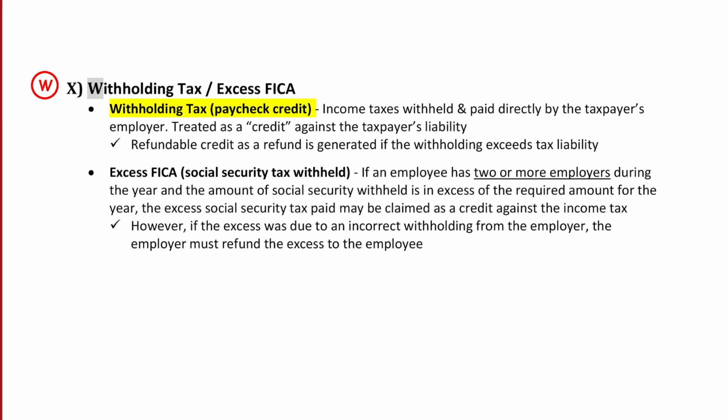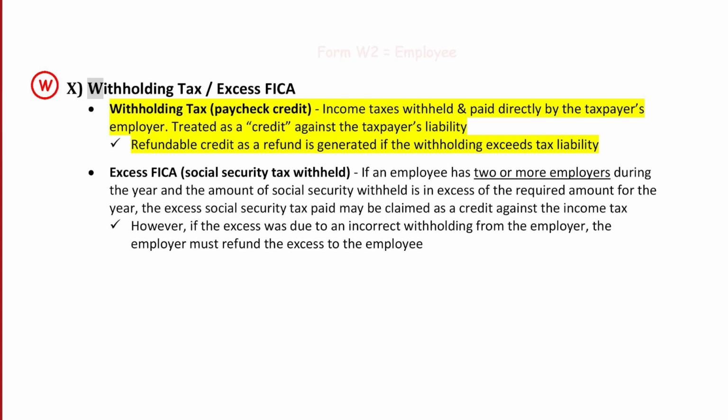These are income taxes withheld and paid directly by the taxpayer's employer. And it is treated as a credit against the taxpayer's liability. Now, this is a refundable credit, as a refund is generated if the withholding exceeds tax liability.